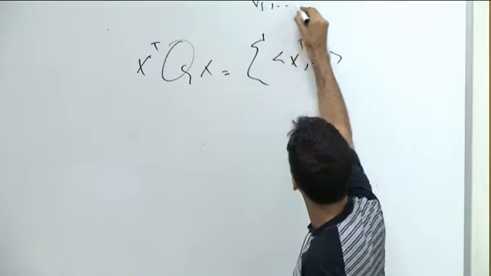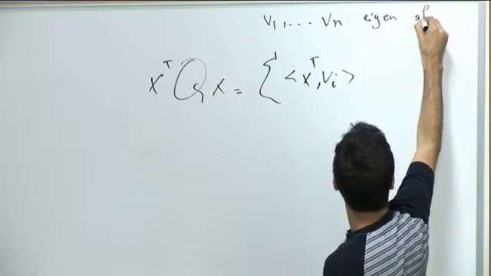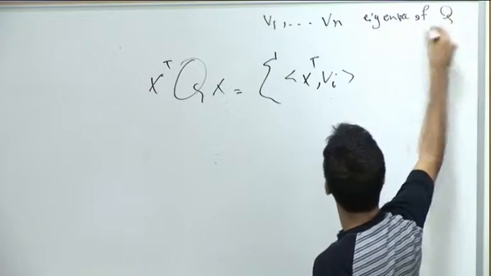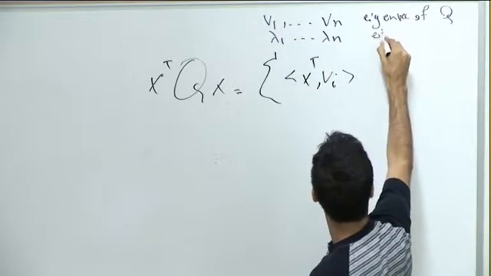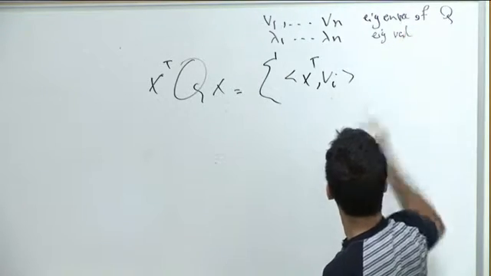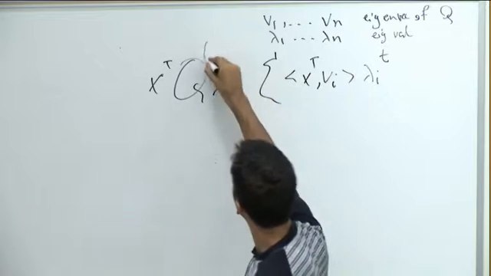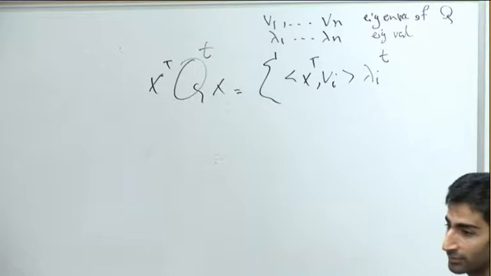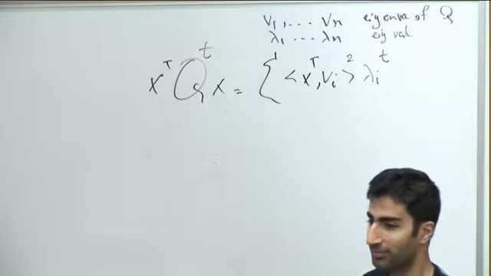Let's say v_1 up to v_n are the eigenvectors of Q, and lambda_1 up to lambda_n are the eigenvalues. Then this thing would be exactly this. Oh, sorry, this is squared.